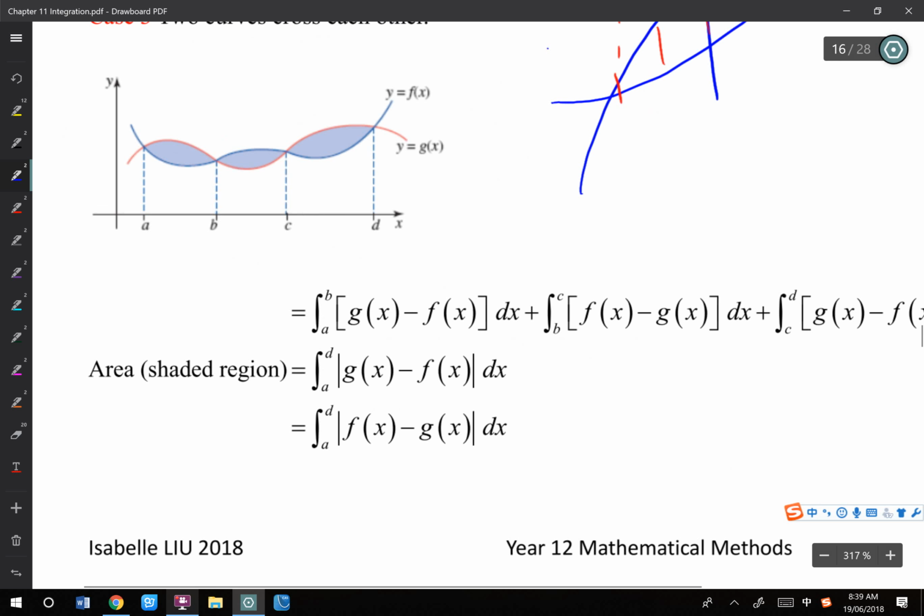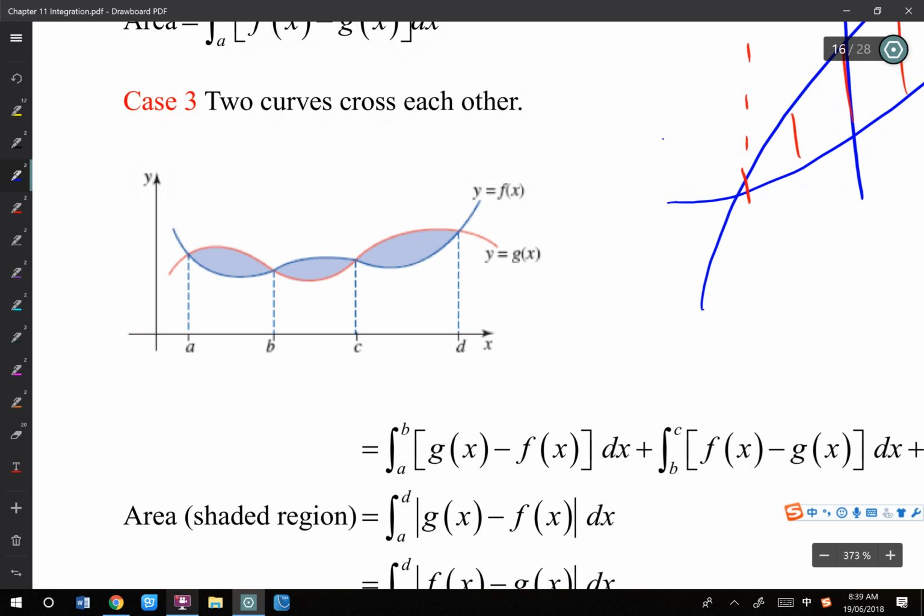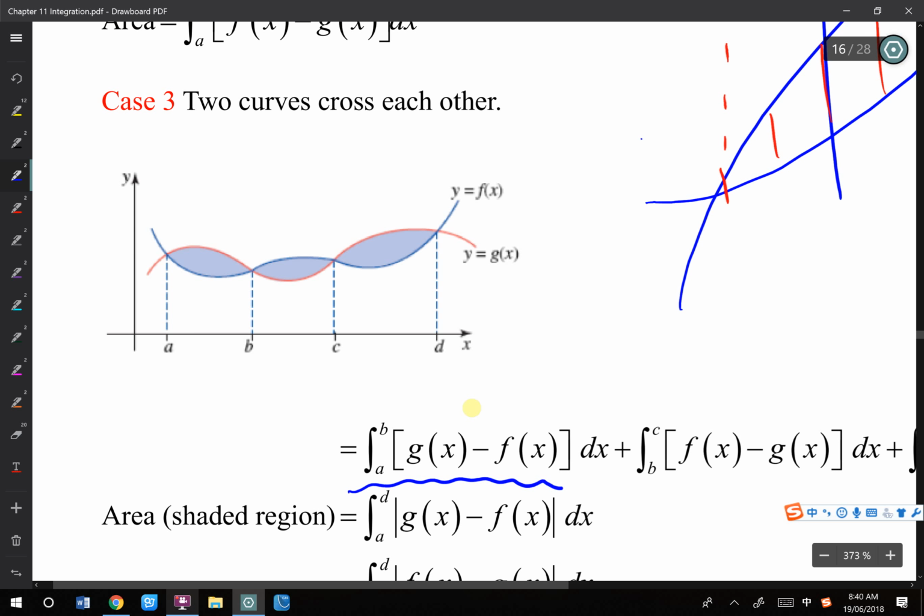Then you can see, for this one is better because I have the red one is g(x) and the blue one is f(x). And you can see I have many intersections here. I have A, B, C, D, 4 intersections. In between A and B, g(x) is above f(x). So from A to B, I should have g(x) minus f(x) because g(x) is on top.